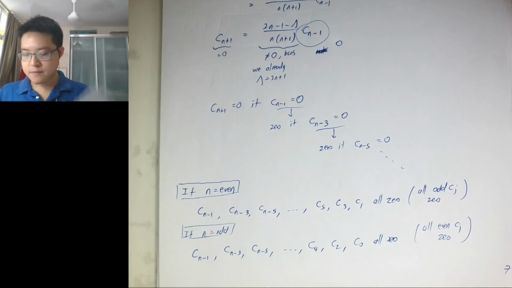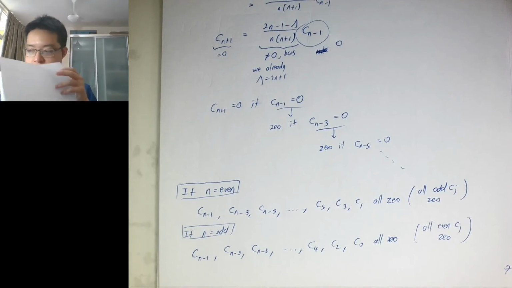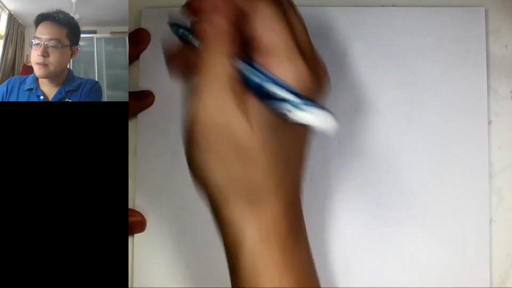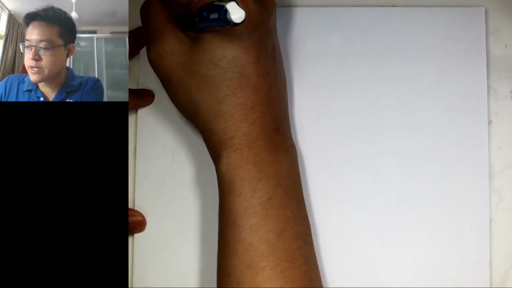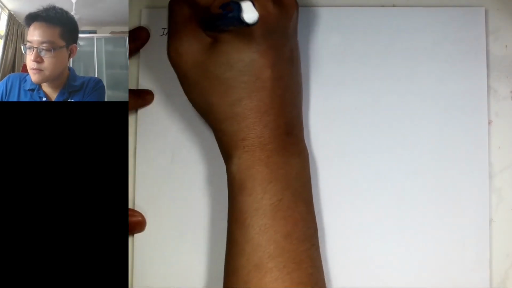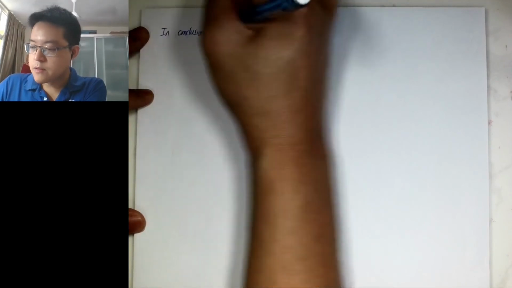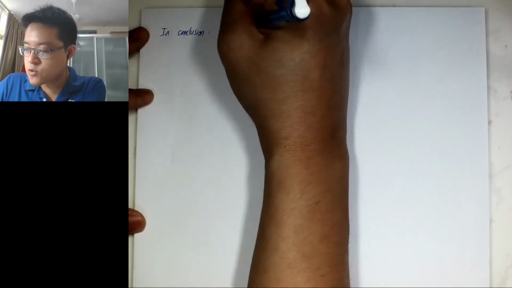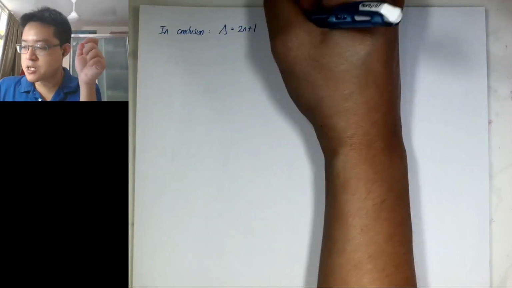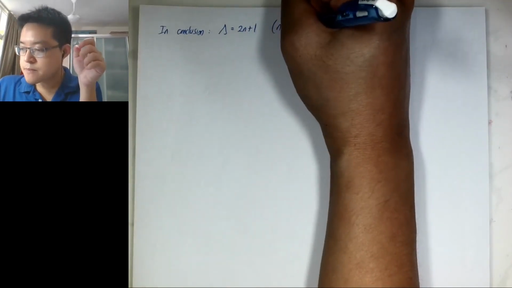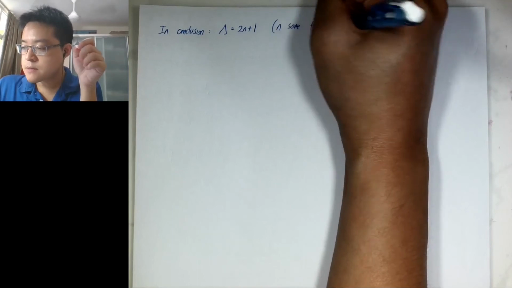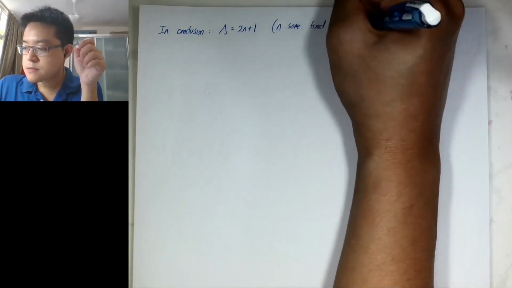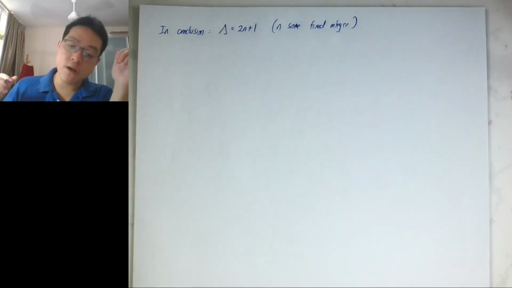Okay, so let me write out everything I just said. So in conclusion, we have chosen lambda to be 2n plus 1. N is a fixed integer, right? It's not a variable, it doesn't depend on y.